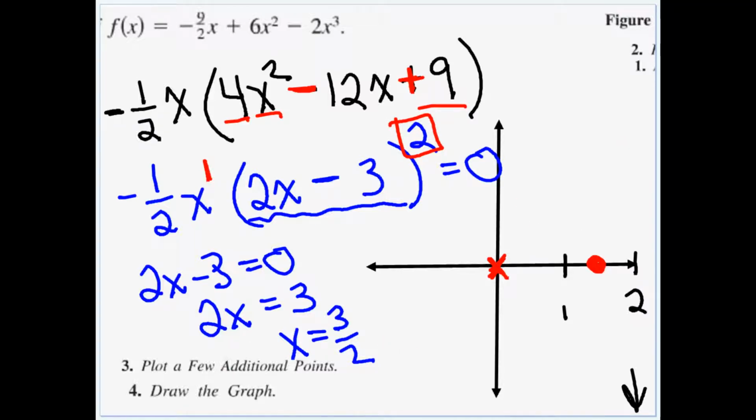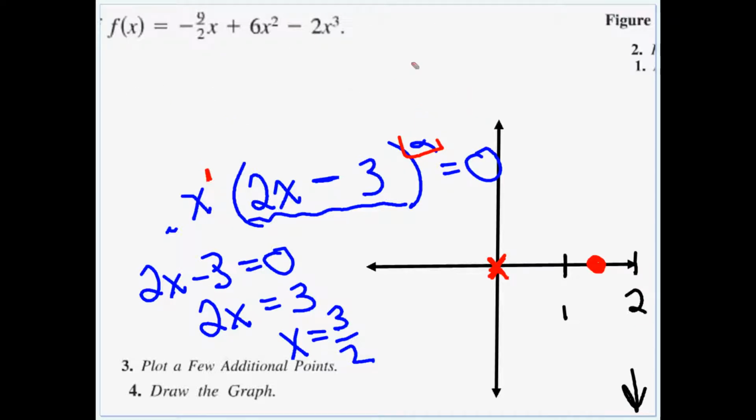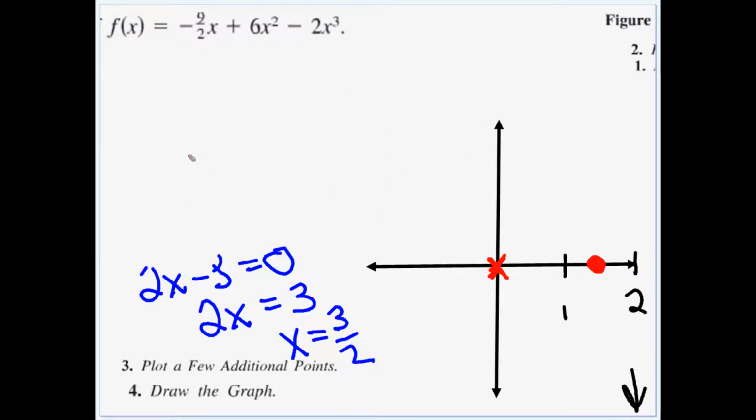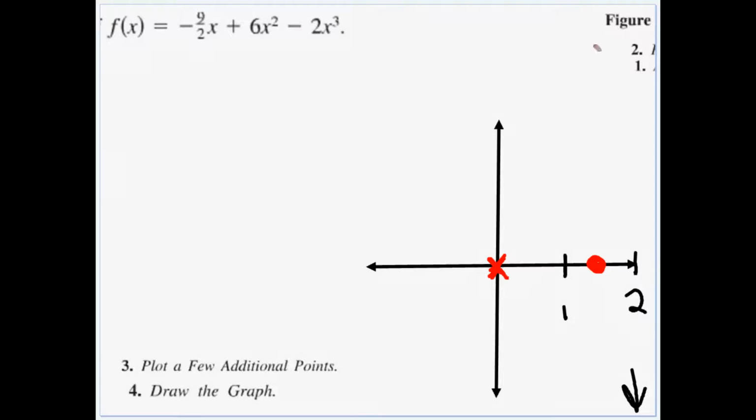And it says also plot a few additional points. Let's see, what would be an easy one to do? Let's just put a 1 in there, f of 1. So that would be negative 9 1/2 times 1, that's negative 4.5. Plug in a 1, square it, you get a 1 plus 6.